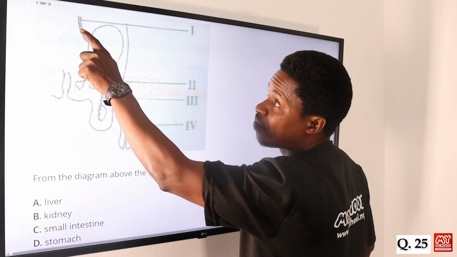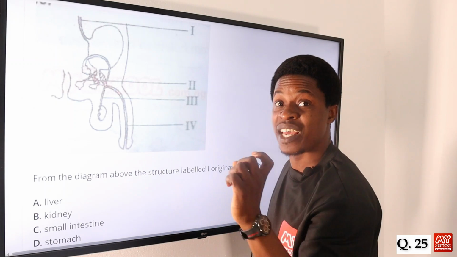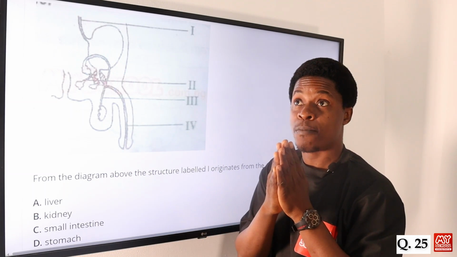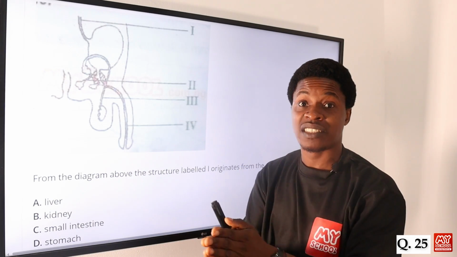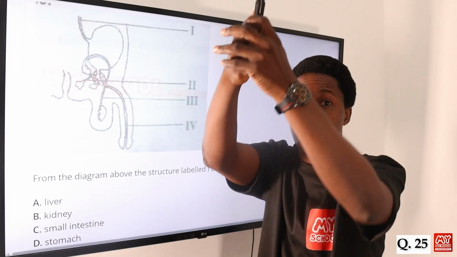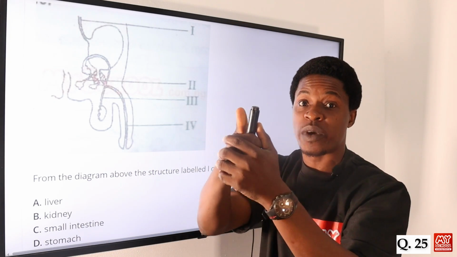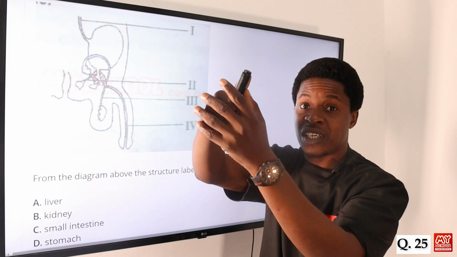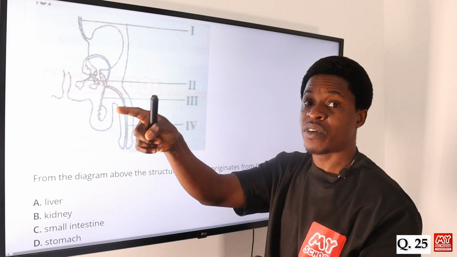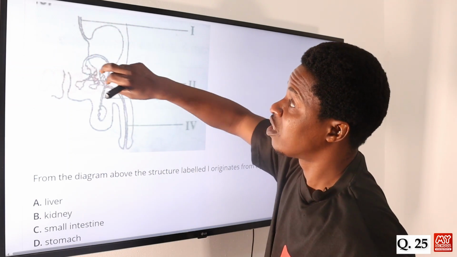And don't forget, the urine is formed in the kidney. We talked about ultrafiltration and selective reabsorption in the kidney. Once the blood has been filtered, the waste, which is in the form of urine, eventually comes to the ureter, and then moves straight up to the what? To the bladder.